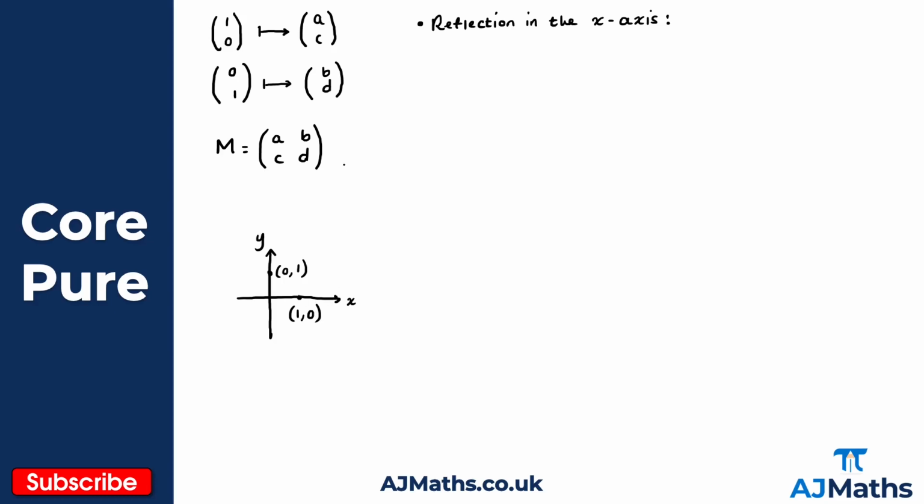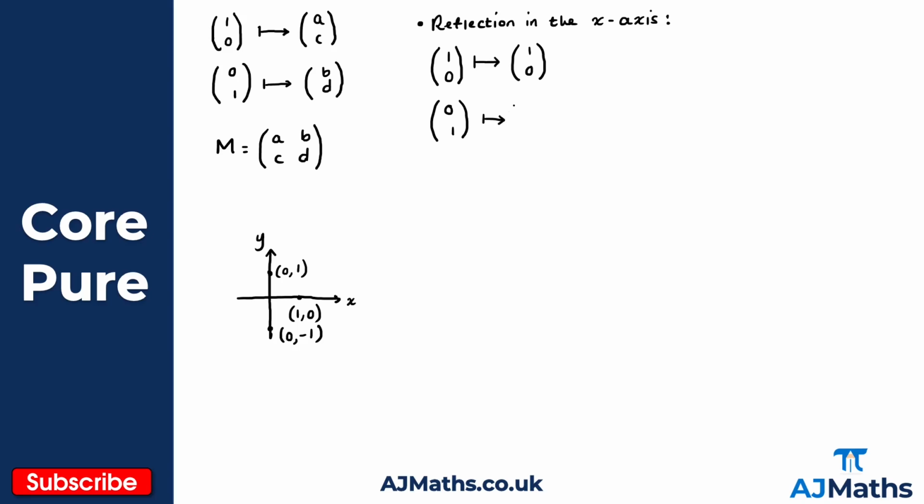So that won't move. (1, 0) will map to itself. And then this point, (0, 1), would map to (0, minus 1), underneath the x-axis.